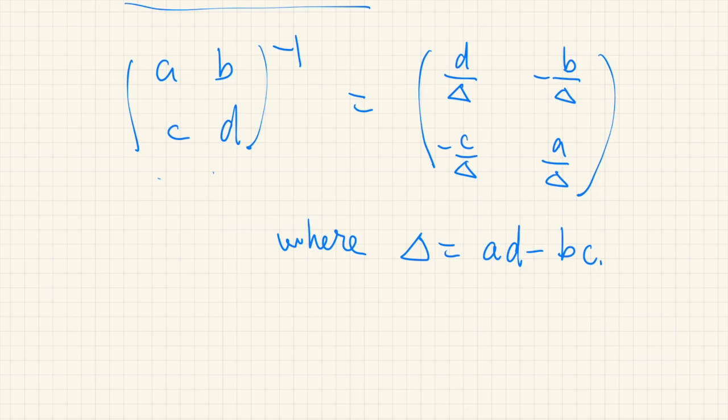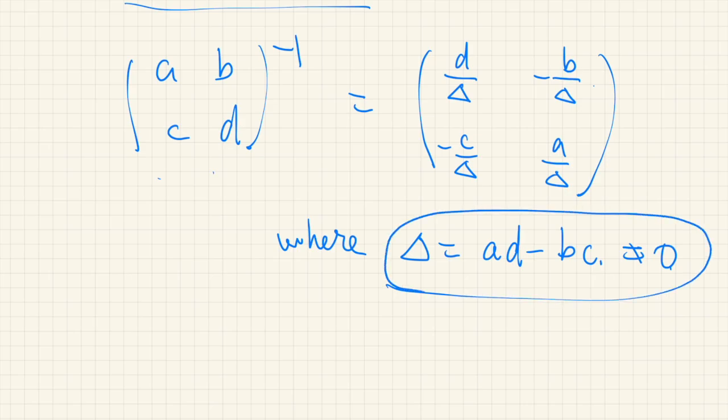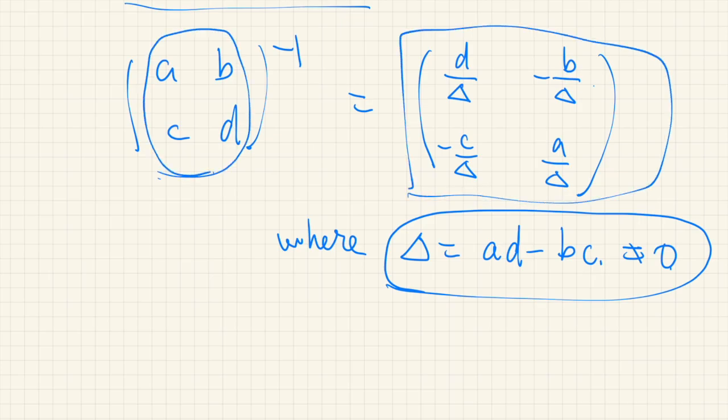Of course, this matrix is meaningful if delta is not equal to 0. Otherwise, division by 0 happens, so it doesn't make sense. So as long as delta is non-zero, we can show that this is the inverse of this matrix. This can be checked very easily.